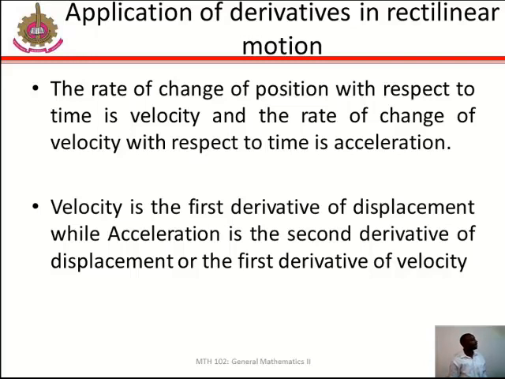Like the statements mentioned earlier, velocity is the first derivative of displacement, while acceleration is the second derivative of displacement, or the first derivative of velocity. Using this idea, we'll be able to analyze one-dimensional particle movement problems, given position as a function of time.